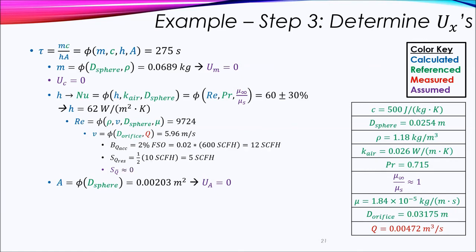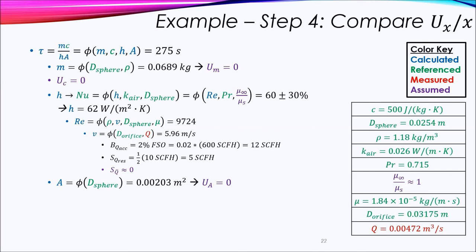And so if we walk through the calculations here, we end up getting the accuracy of about 12 standard cubic feet per hour, and the resolution being 10 standard cubic feet per hour results in an uncertainty of 5 standard cubic feet per hour.